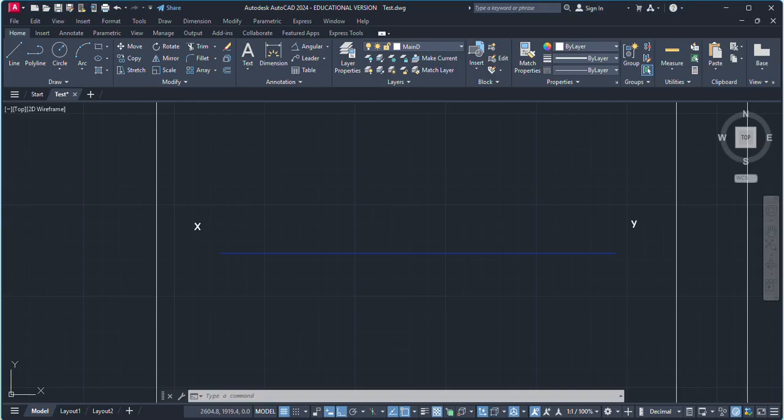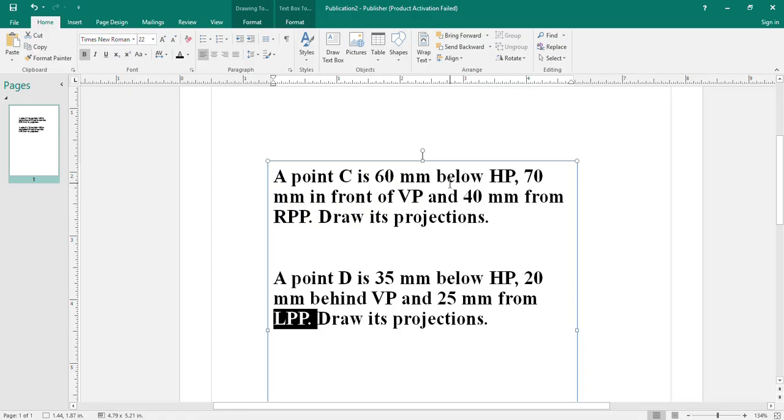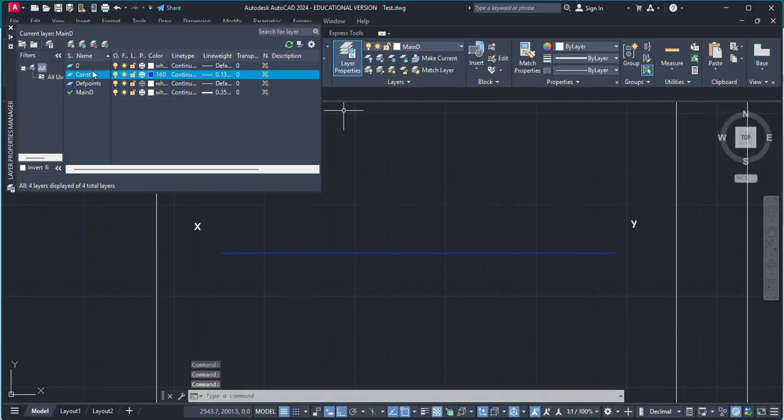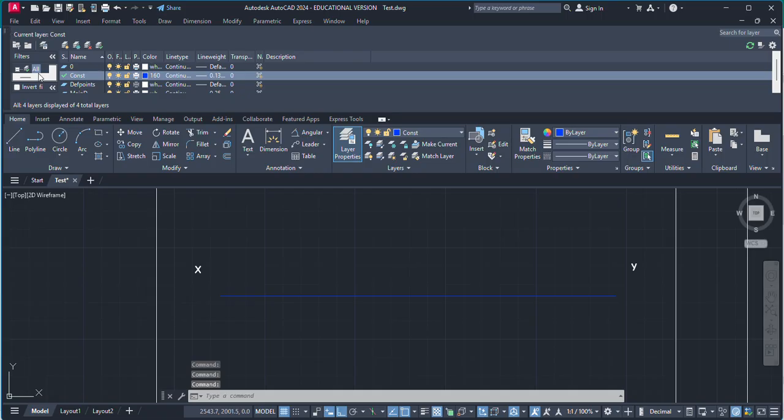So now we are going to plot this in AutoCAD. The question is 60 mm below HP. So this is our projection 60. We're going to change the layer to the construction layer.